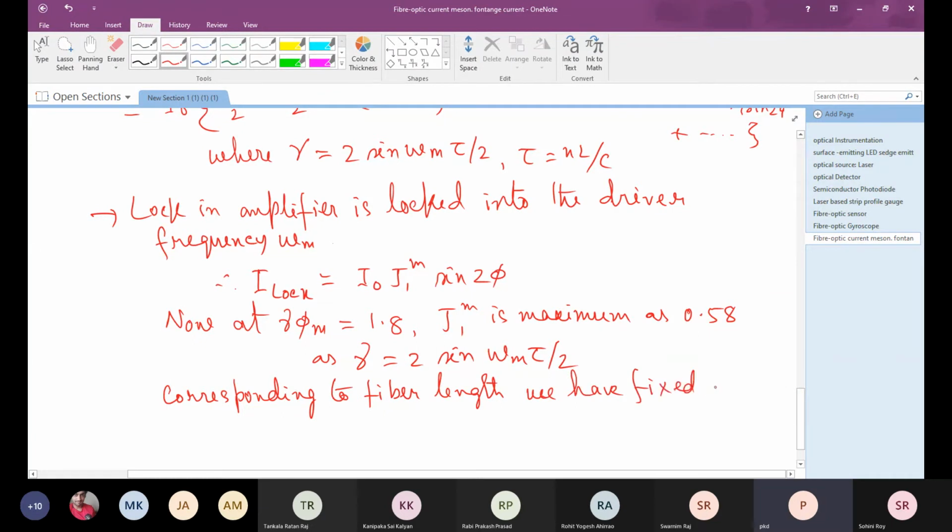If that is not in our hand, then we have to vary that modulation frequency. Then FM can be selected as FM equal to half tau.